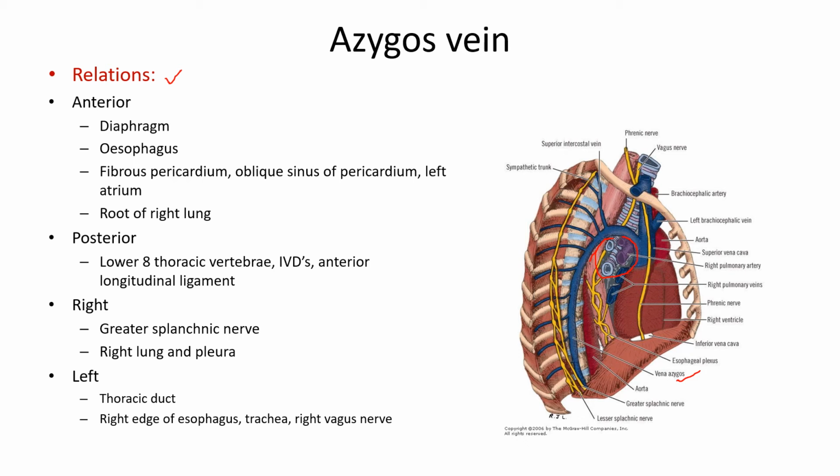And posterior to it, you can observe the lower 8 thoracic vertebrae, their intervertebral discs, and the anterior longitudinal ligament. These are the posterior relations for the azygos vein. On the right side will be the greater splanchnic nerves, and the right lung and pleura will be related to it.